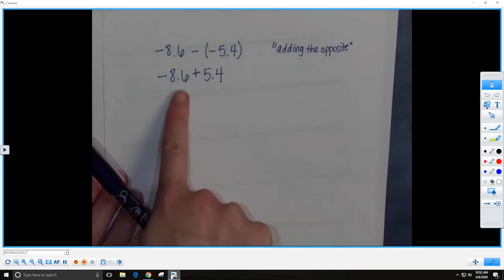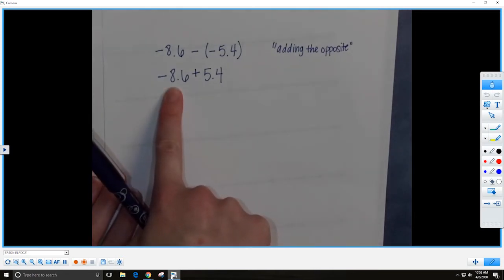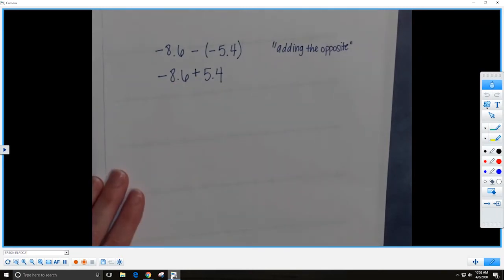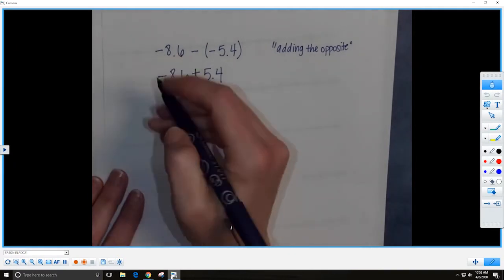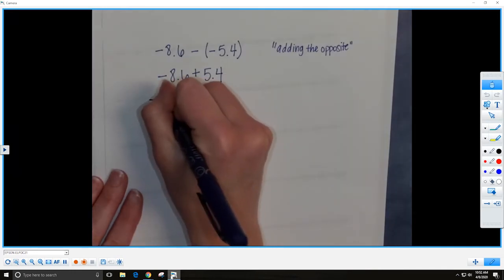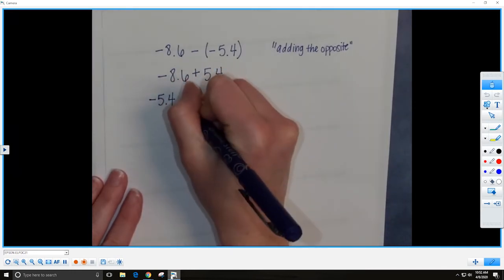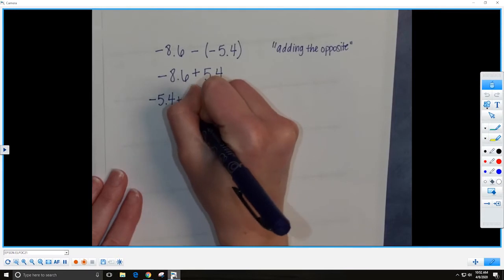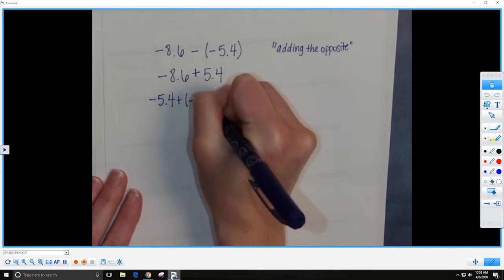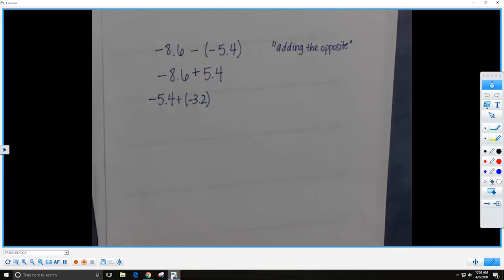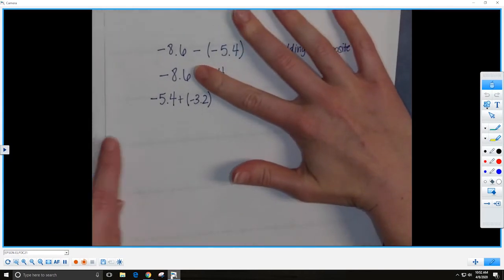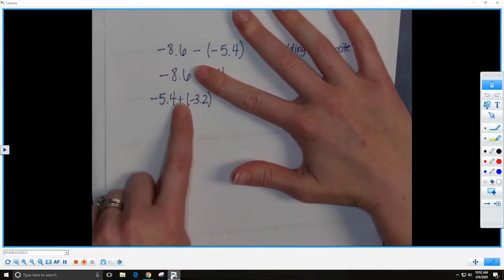So I'm going to decompose -8 6/10. Think about how you think we could decompose this number to create some opposites to make our adding and subtracting easier. Well, -8 6/10 equals -5 4/10 plus -3 2/10. So if we ignore the rest of our expression for now, I have not changed the value here.